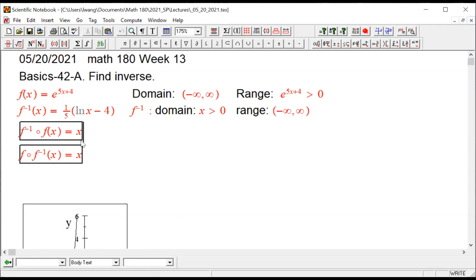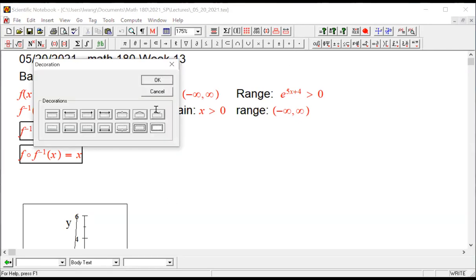For f inverse of f of x, the input x is from the domain of f first. Remember we talked about that in trigonometry, right? Trig and trig inverse. This will be given to f.